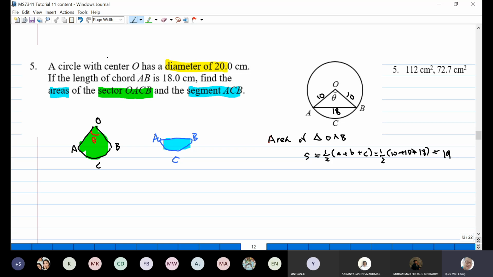So S equals 19. So the area of the triangle, there's a formula for this. If you forgot, the formula is provided here: the square root of S times S minus A times S minus B times S minus C. So this is equal to S is 19, so 19 minus 10, and 19 minus 10 again, and 19 minus 18.